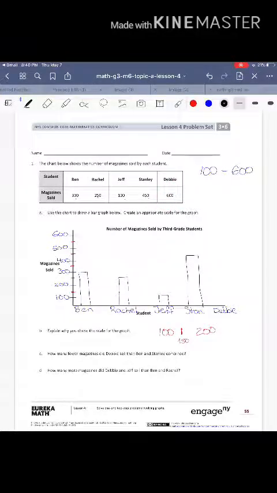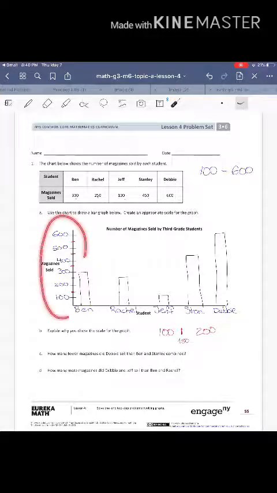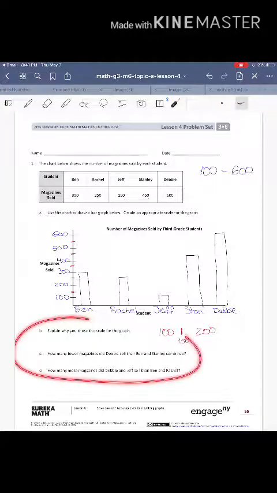And I'm going to make it all the way up because she's the one that sold the most. Okay? So we are done with this part right here, placing all the information in the graph, using the information from a chart, taking into account my scale that will work for me right here. And then the next move is we're going to continue with.